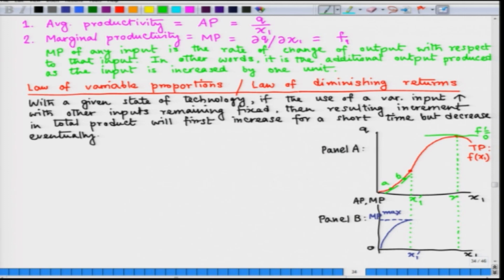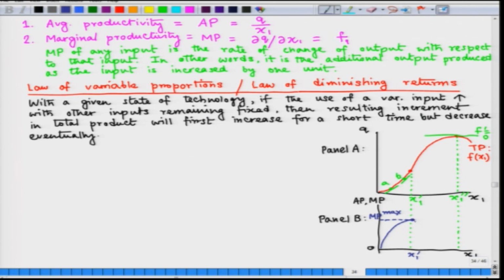So, here we are talking about some x1 double prime level of variable input 1, and we see that marginal product has attained a maximum, but after that it starts falling.